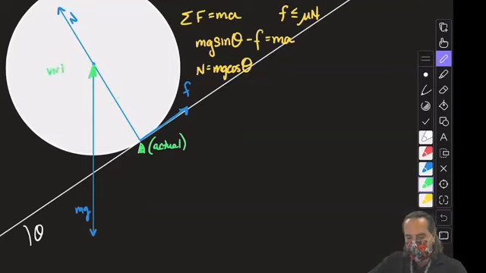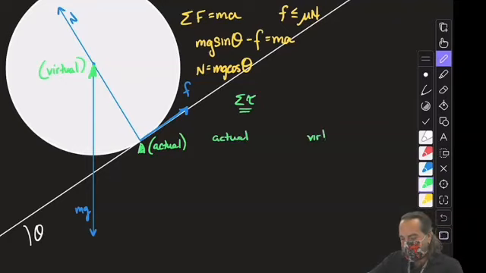I'm going to call that a virtual pivot point. These are not words that are in your book. I'm making them up on the spot. But what I would like you to do is the net torque equation. You know that it has to equal I alpha. And I want you to choose whether you're going to do it for the actual pivot or the virtual pivot.